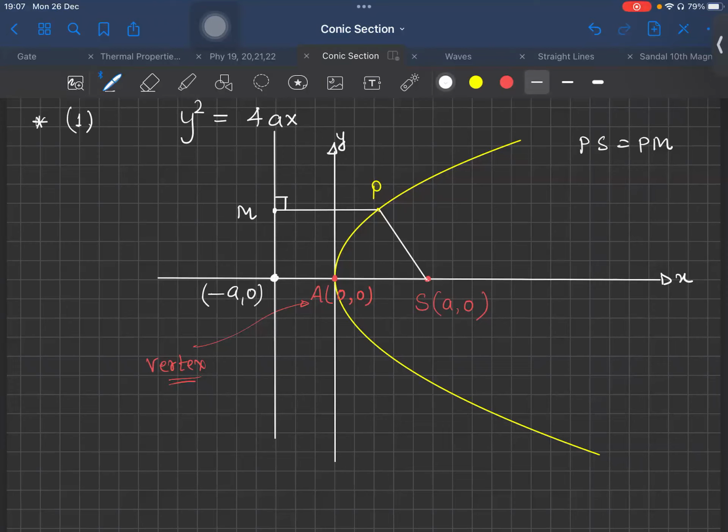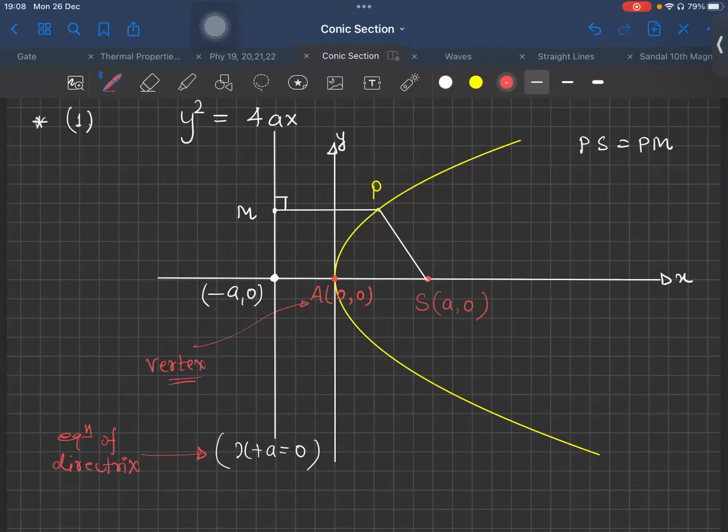So the equation of the directrix will become x plus a is equal to 0. Okay, is that clear or any doubt here?